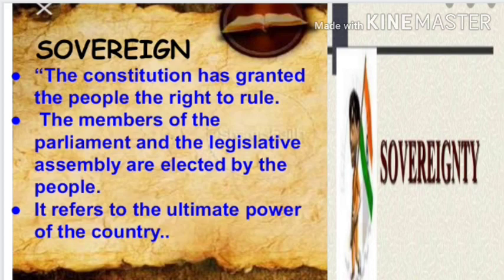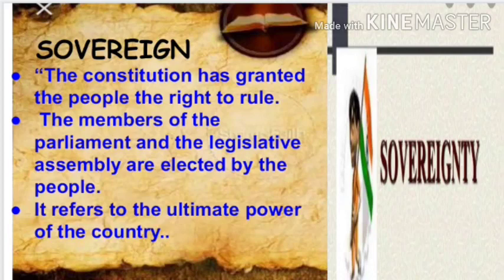Now let's see what is meant by sovereign. The constitution has granted the people the right to rule. The members of the parliament and the legislative assemblies are elected by the people. It refers to the ultimate power of the country. Sovereign means the constitutional independence of a state. The state can be federal, confederal or unitary.